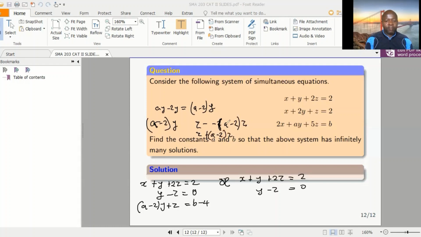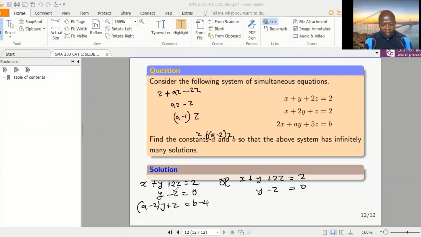Let me simplify that. In fact, what you have is just z plus mz minus 2z, or mz minus z, or m minus 1.